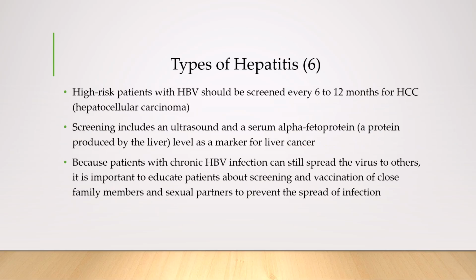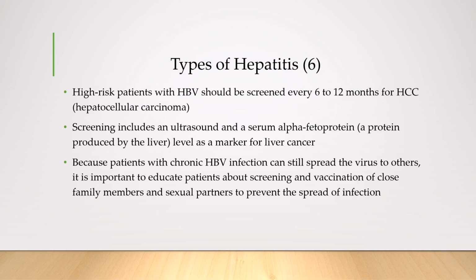So, high risk patients with hepatitis B should be screened every 6 to 12 months for something that we call HCC, and this is hepatocellular carcinoma. Screening will include an ultrasound and a serum alpha fetoprotein. This is a protein that is produced by the liver.